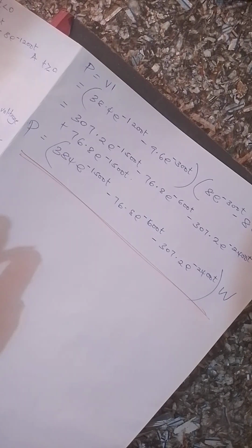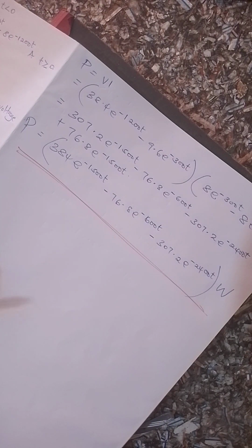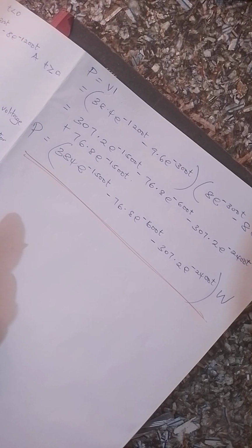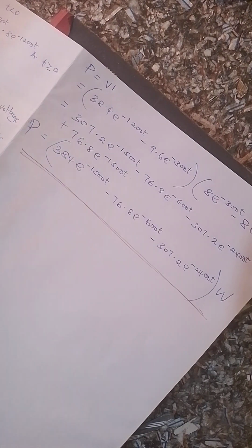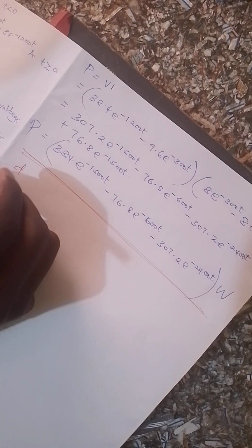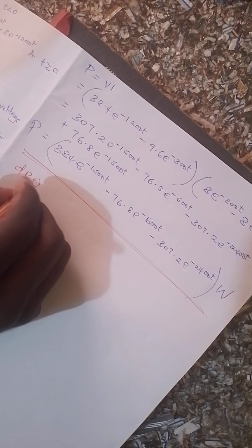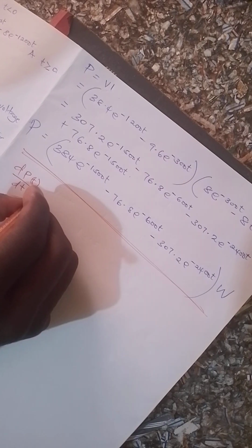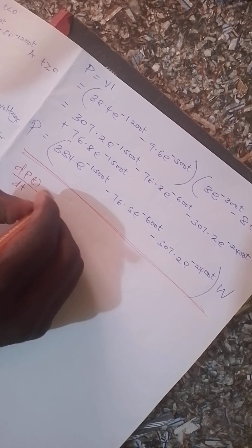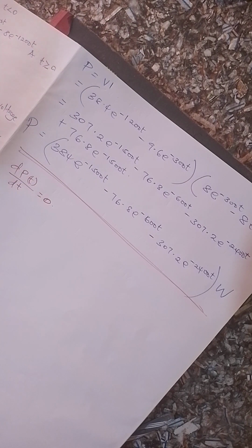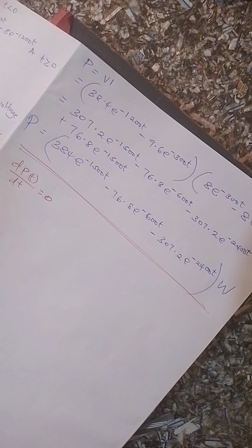When power is maximum, the derivative of power, dp/dt, is always 0. So we must find the derivative of power.